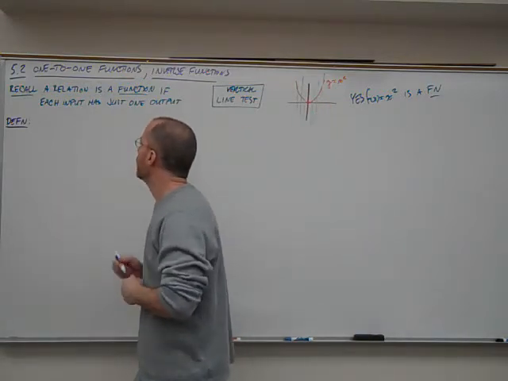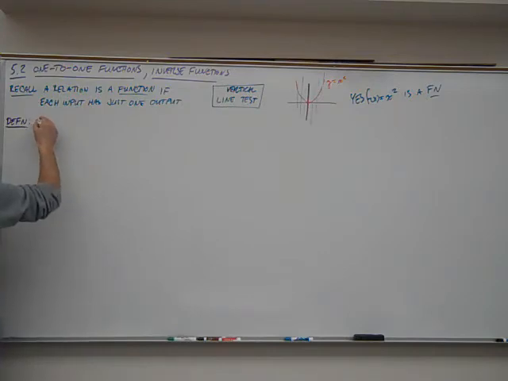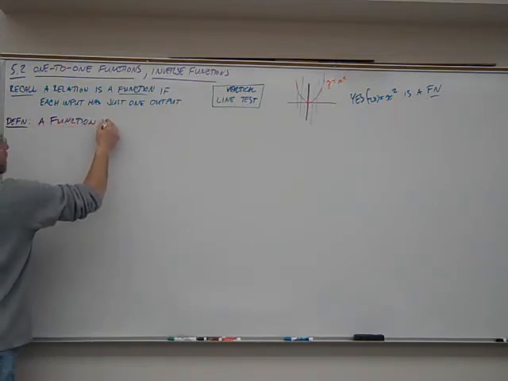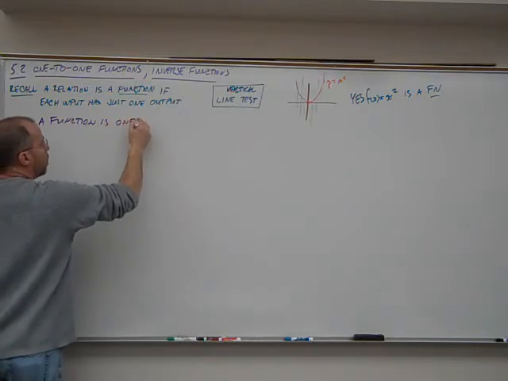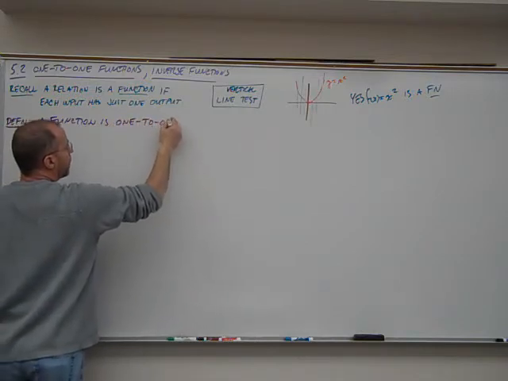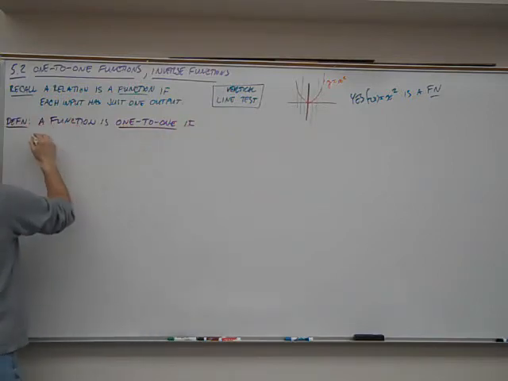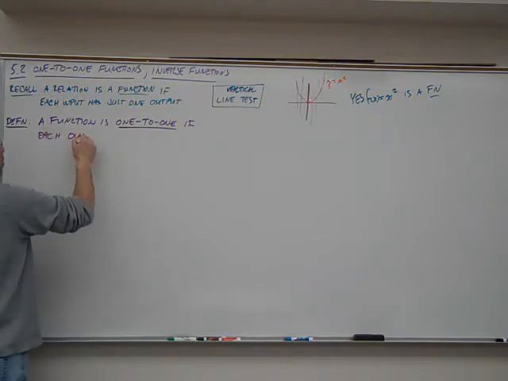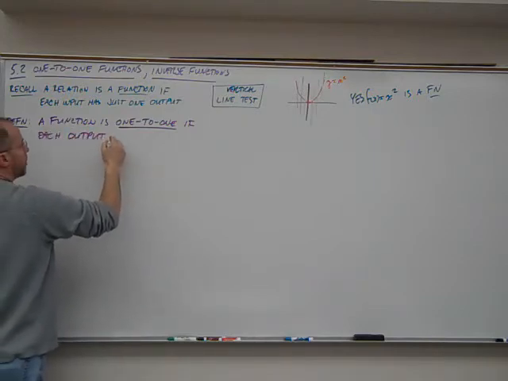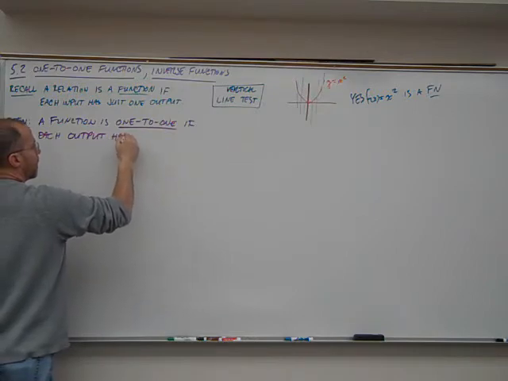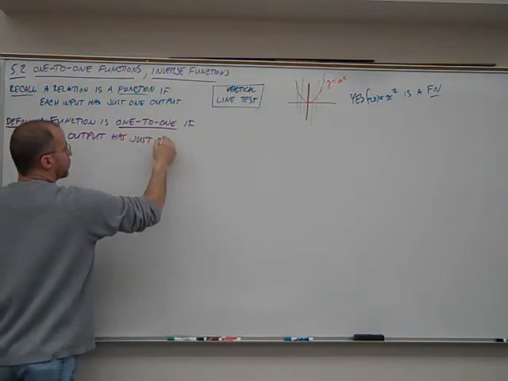Here's new hat. A function is one-to-one if each, now I want to reverse this, not each input, but each output has just one input.